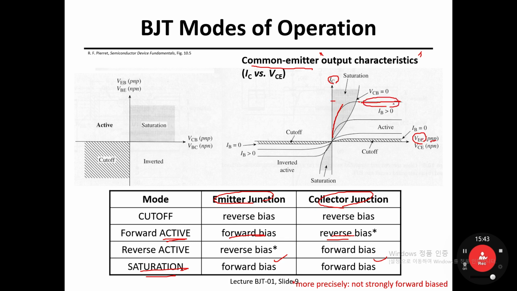That corresponds to the saturation current that can flow in a MOSFET. This white area is named active mode, and this black colored area is named saturation mode. To differentiate active from saturation, think about what kind of biasing has been applied for the emitter junction and collector junction. Then you can simply understand how the BJT is working.